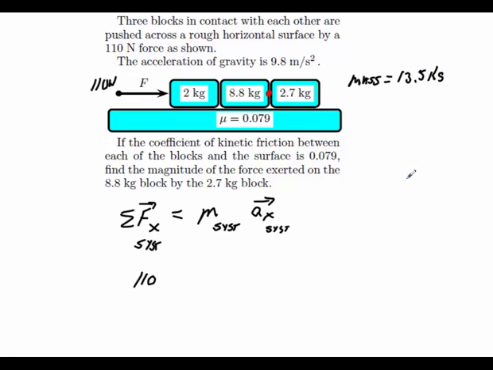Now, if I drew the free body diagram of the system itself, here I would have the force of gravity of the Earth onto the system equal to 13.5 times 9.8.